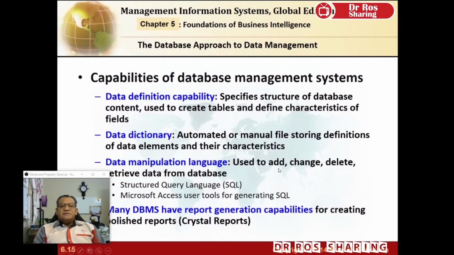So in the database management system, there are many capabilities, mostly the data definition, which has its own structure so that it can house the content used to create tables or related tables and define the characteristics of the fields. It has the data dictionary, which keeps the elements and characteristics of information together.